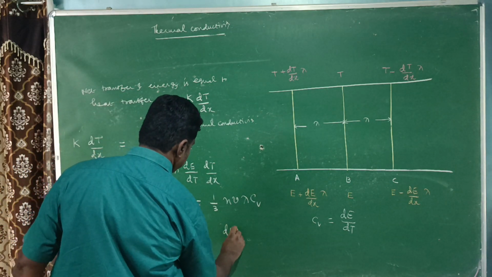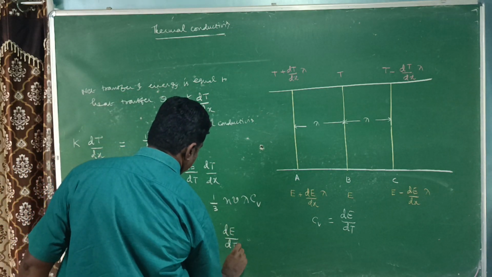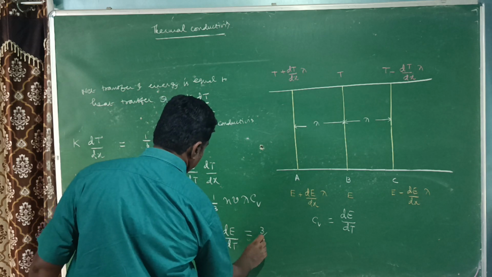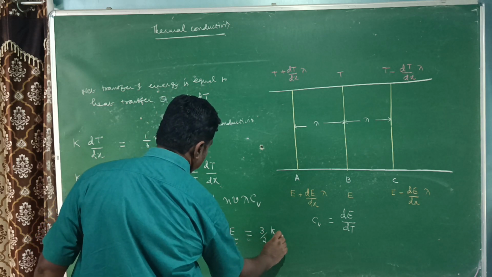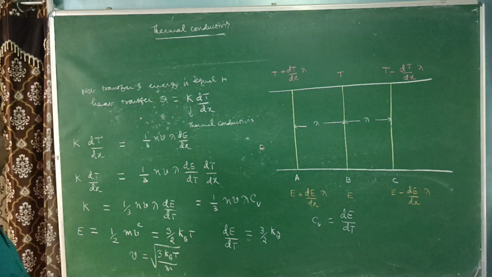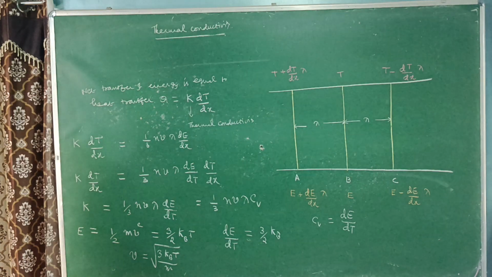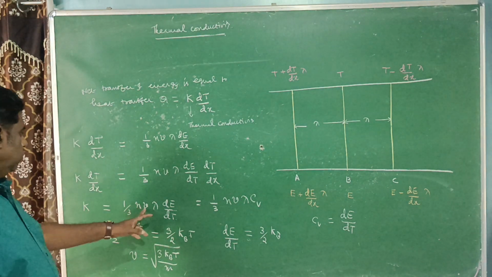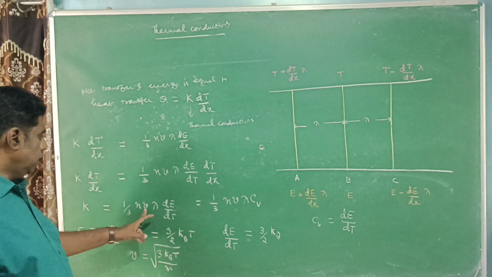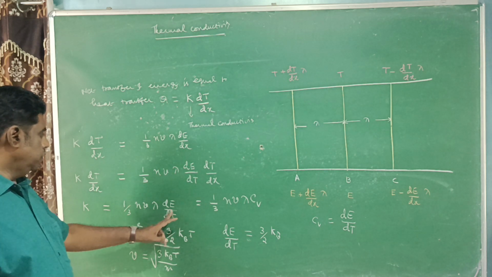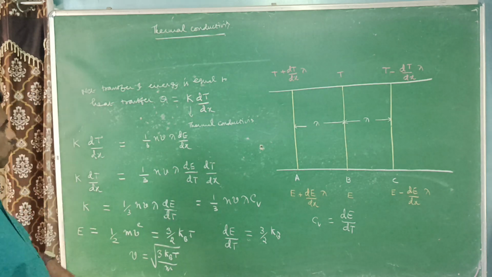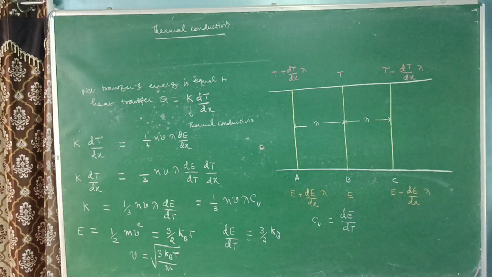From this equation, dE by dT is equal to 3/2 into kB. Now in this expression, we have to substitute the value of v and dE by dT to get the value of K.